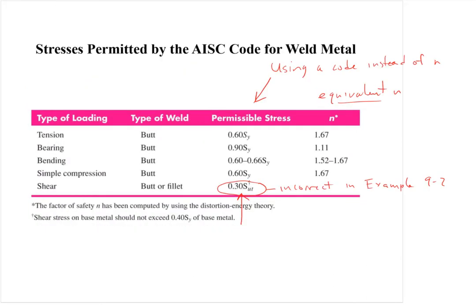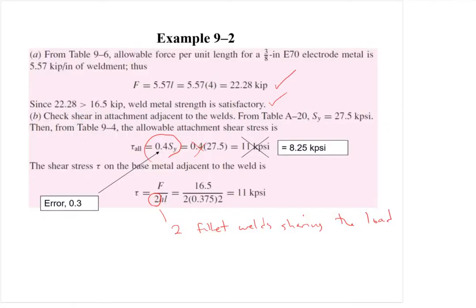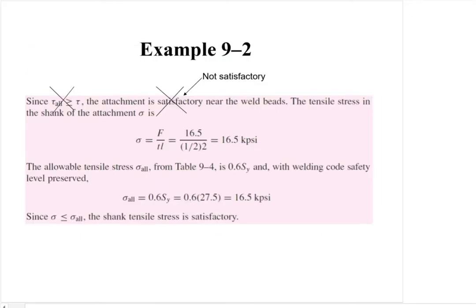Nope, next one down. So this one right here, they're improperly using this formula. Down here in the example problem, that's where the error is from table 9.4. If you do that, then all the answers change, and it's no longer 11 equals 11 kind of stuff. So it's not a satisfactory attachment.